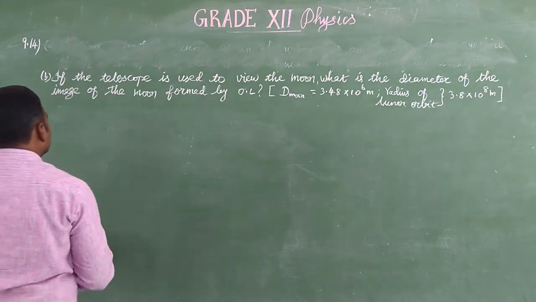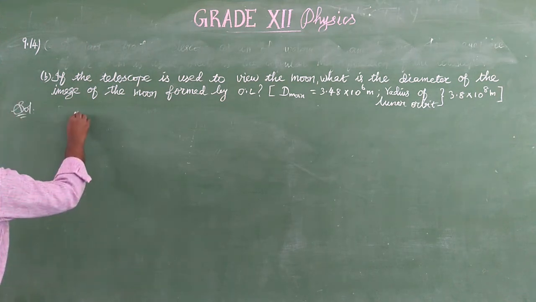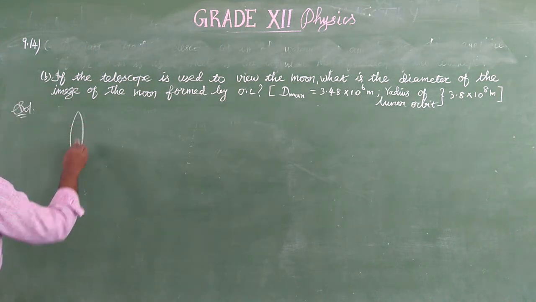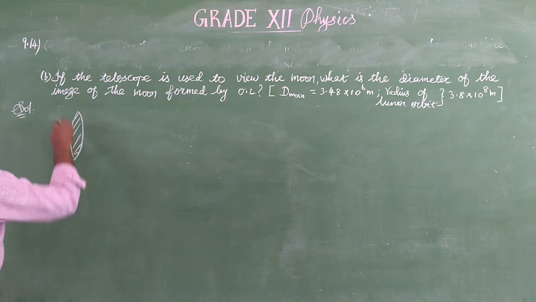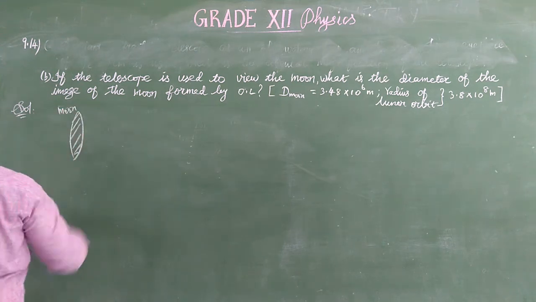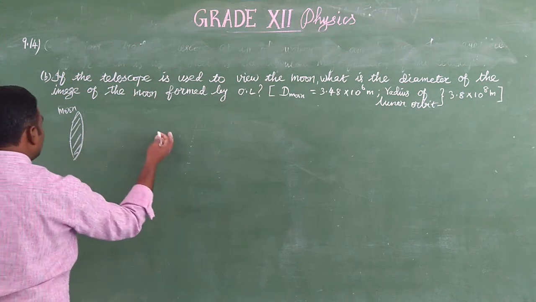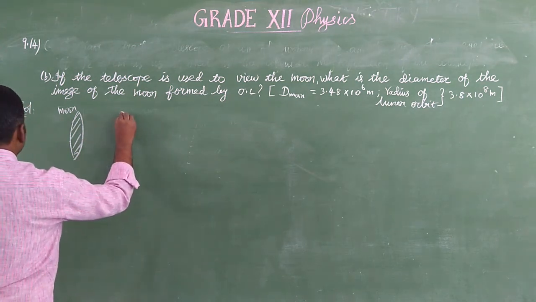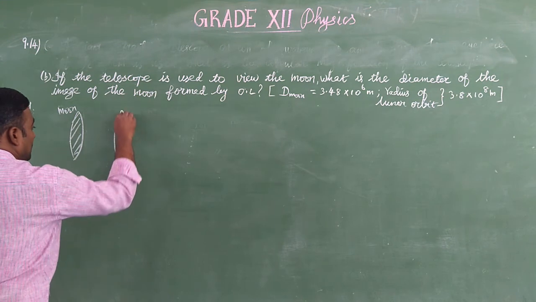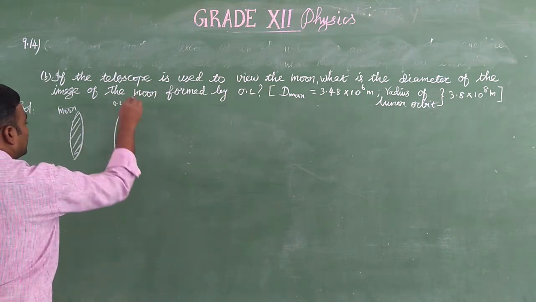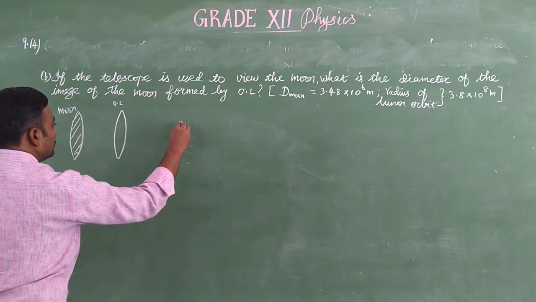Okay. So first, let us assume this is the moon. And the telescope, it is a telescope only, no? So the telescope has two different lenses. One is the objective lens of large focal length. Another one is the eye lens of short focal length.